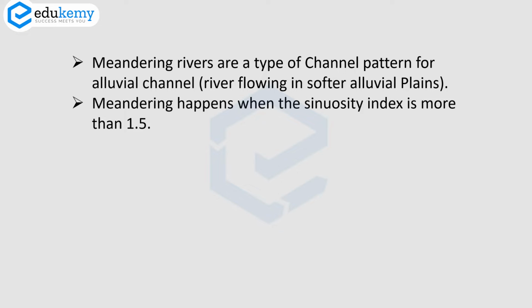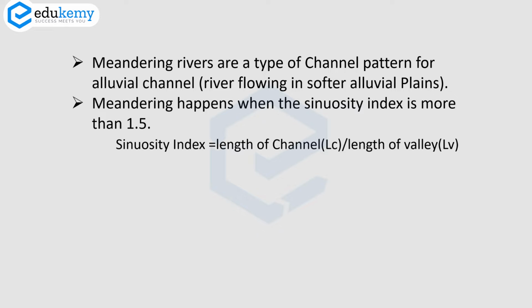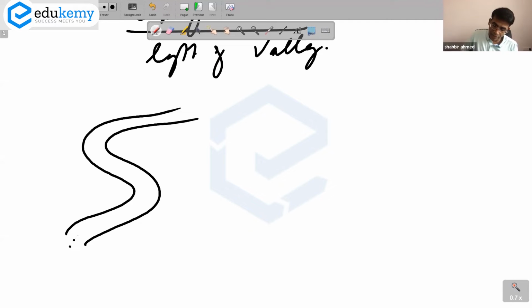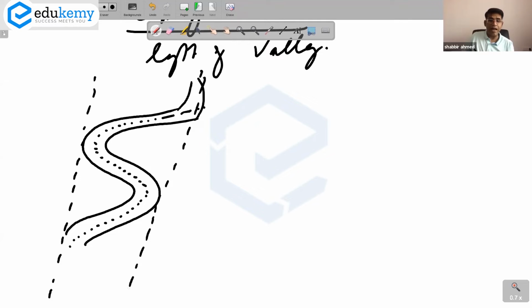This is equal to length of channel by length of valley. If this is the river, I measure the length of the river along its deeper points, and a straight line from the head to the terminus, this dotted line, is the length of the valley.